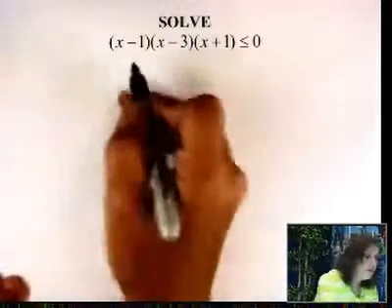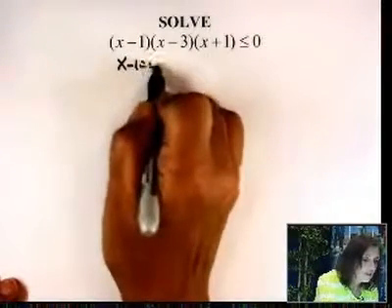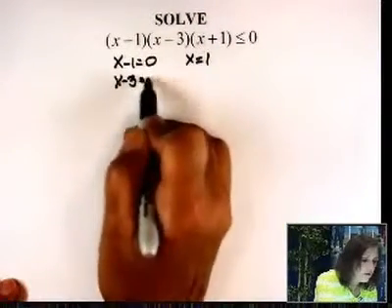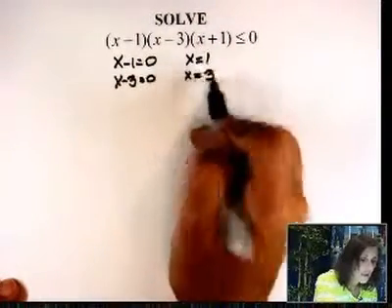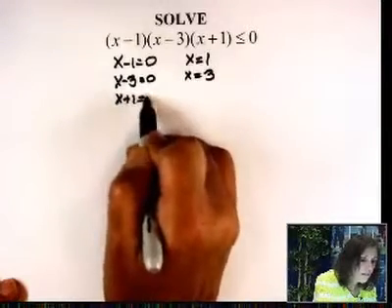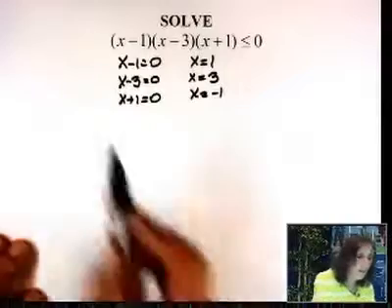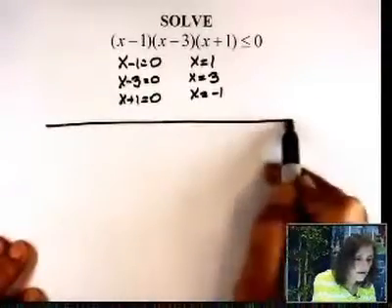Okay, so this one gives me x minus 1 is 0, that means x is 1. X minus 3 is 0, that means x is 3. X plus 1 is 0, that means x equals -1. So I go and I put all that on a number line.